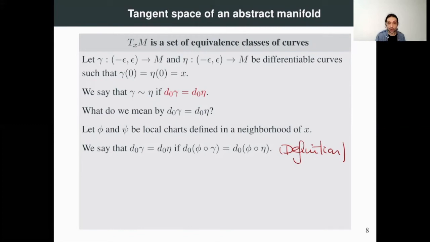If we cannot remove local charts from the definition, we cannot prove that the definition is intrinsic and does not depend on the choice of local charts, then it's useless.